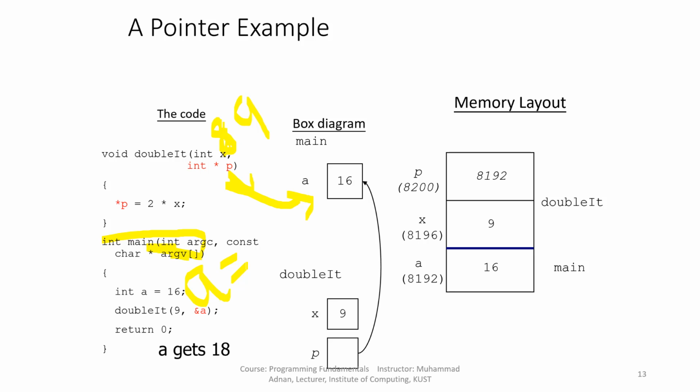So now p was pointing to 8192. Yes, that is correct. x was having the value of 9. That is also correct. And a after this operation will have a value of 18. So this is not 16, this is 18, because we are multiplying this 9 with 2.